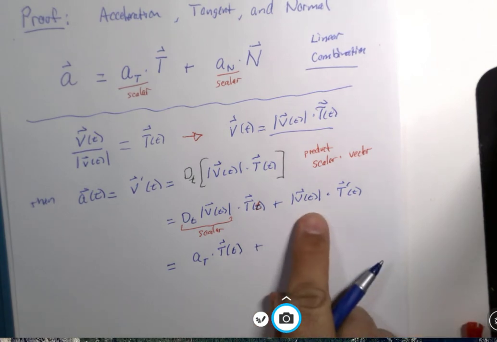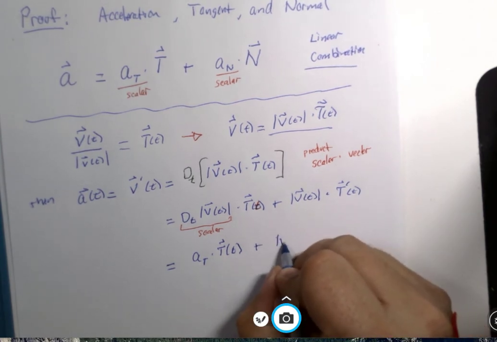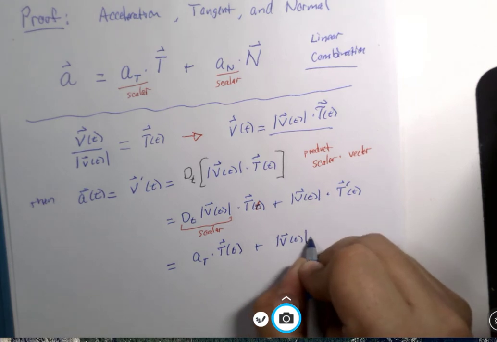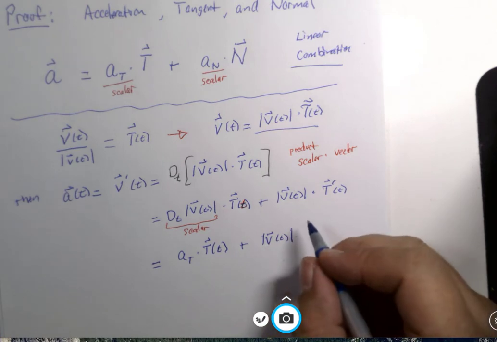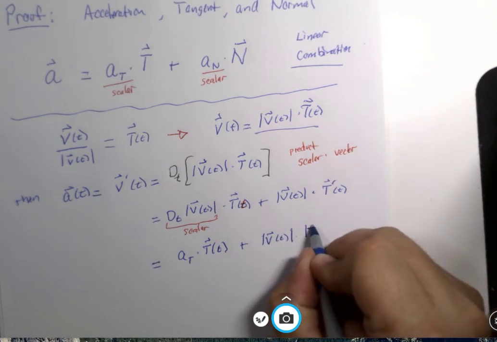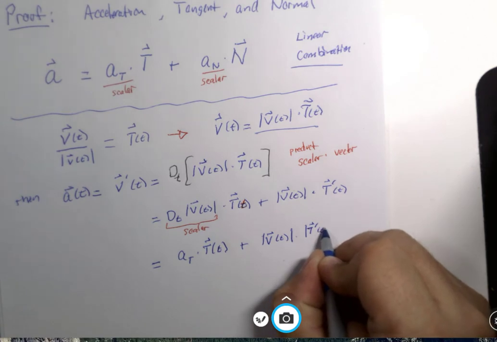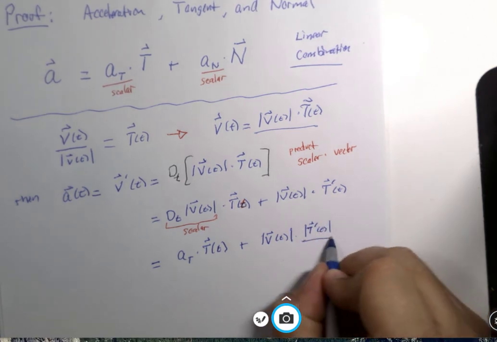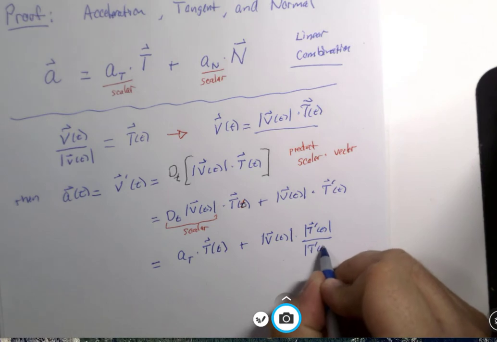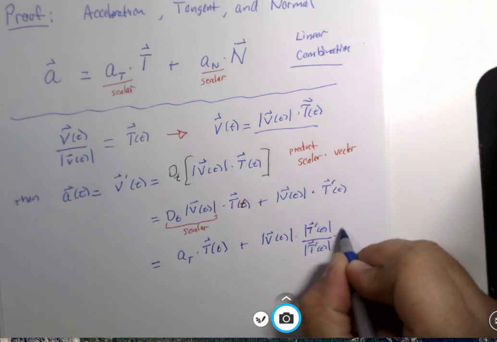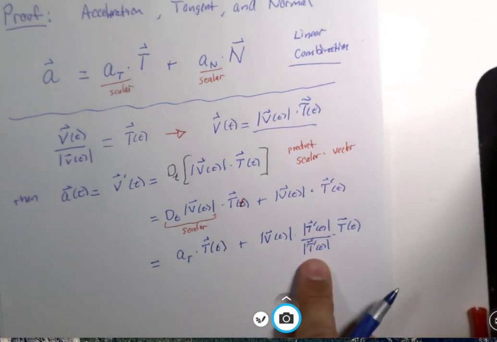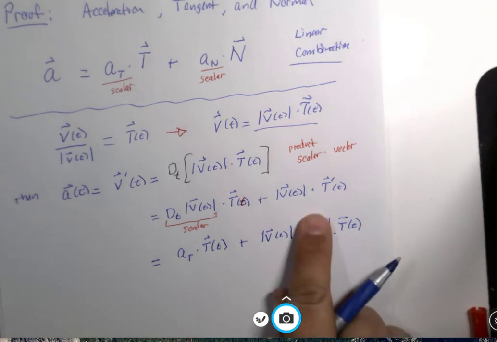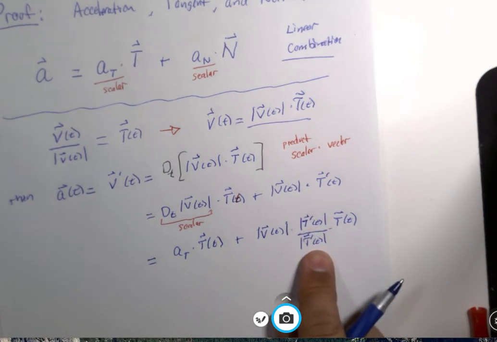And I'm going to do a little magic trick here. Magnitude of velocity. Some math magic. I'm going to multiply the numerator and denominator by the magnitude of t prime. So when you multiply the numerator and denominator by a non-zero value, you're multiplying by 1. It's just an ugly 1.